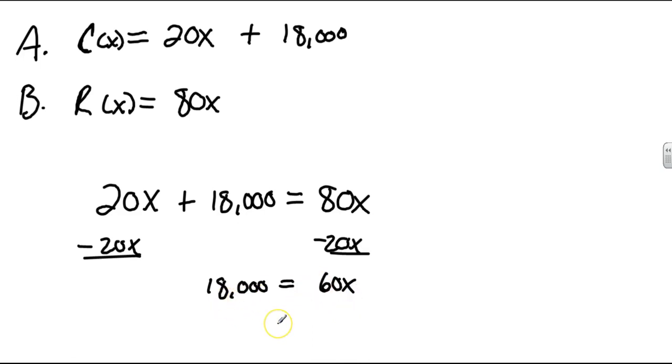Take the 18,000 divided by 60. That's going to be 300. Drop out the zeros. It's 1,800 divided by 60. Yeah, be 300.